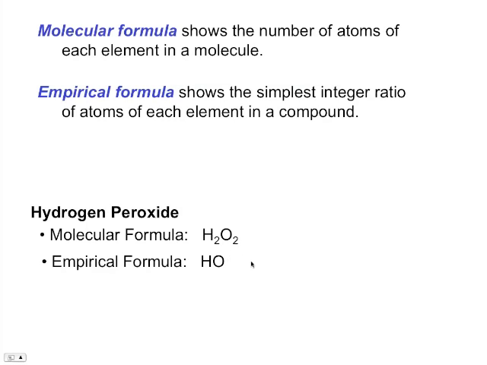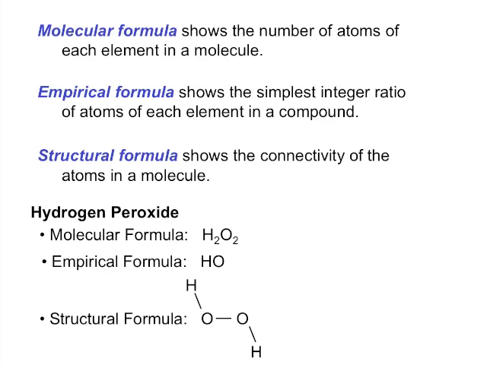So in addition to the molecular formula and the empirical formula, we can also write what's called the structural formula. Now the structural formula provides the more detailed information of how the atoms are actually arranged. When you just write the formula H2O2, it may not be clear how the atoms are bonded together.